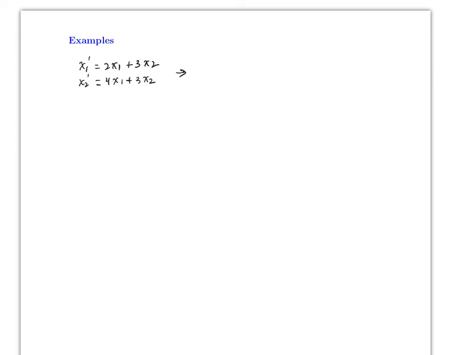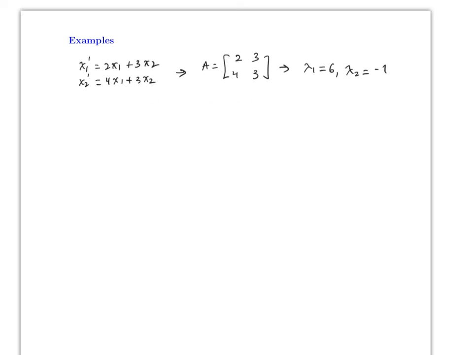In this case, A was 2, 3, 4, 3, and the eigenvalues were lambda 1 equals 6 and lambda 2 equals -1. Again, you should check that. You still need to know how to do this.